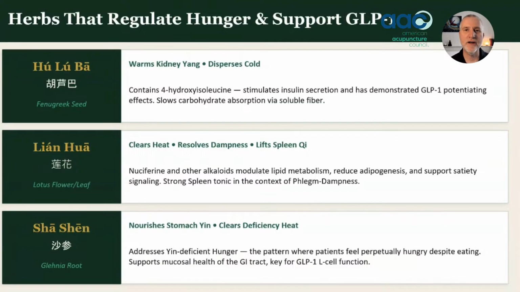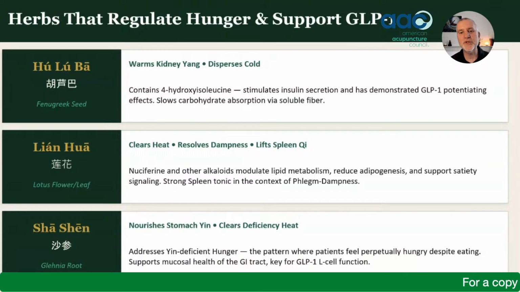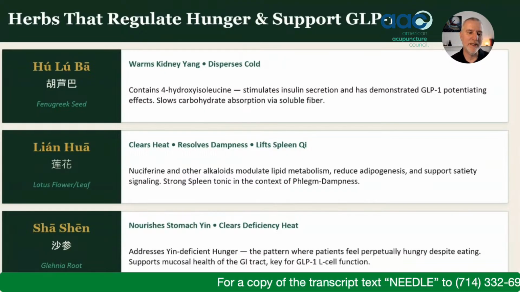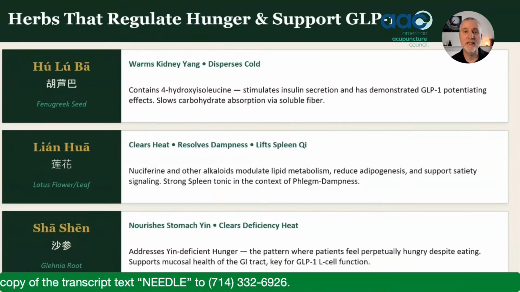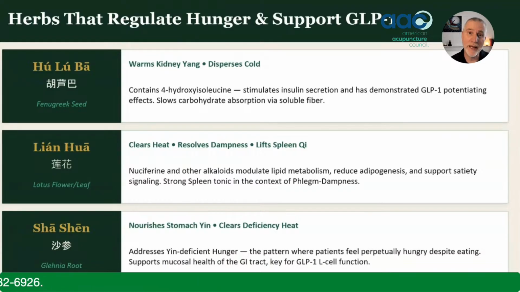The third herb I want to discuss is sha shen, which is glehnia. I've always been seeing sha shen being used in many formulas that help to reduce excess appetite. But it really is, as a yin tonic, addressing yin deficiency, or stomach yin deficiency, which is a common pattern that I diagnose.